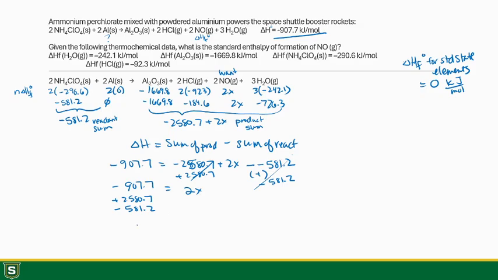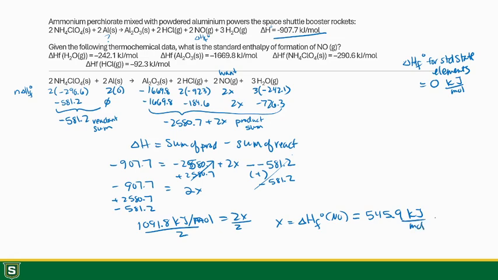So this is 1091.8 kilojoules per mole equals 2x. So I divide both sides by 2, and I get that x, which is the ΔHf of NO, is equal to 545.9 kilojoules per mole. So a little bit more work, but it's really just more algebra. This concept is exactly the same.